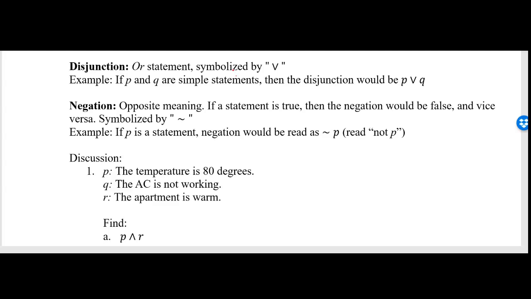It's kind of like a squiggly line, but that means negation. So if P is a statement, the negation would read, you have the negation symbol with P. The way we say that is we say not P. If I had it in front of the Q, we would say not Q. So that's how we would say it when we're reading these with symbols.